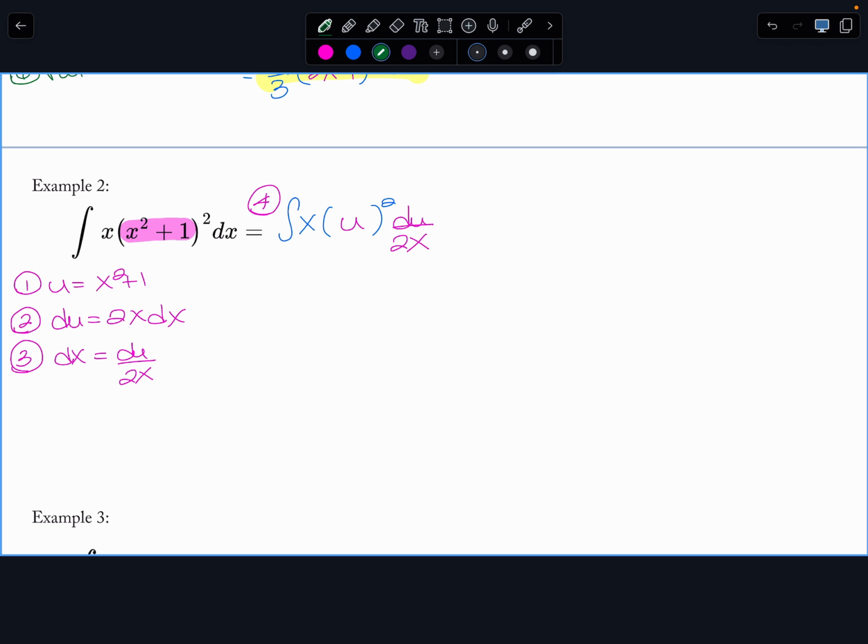So then what you notice is that the x's cancel out, which is great because you can't have x and u mixed in together. The idea with u substitution is you get rid of all of your x's, and all you're left with is u's and du. Yes? What if we were put in a situation where we didn't cancel out?